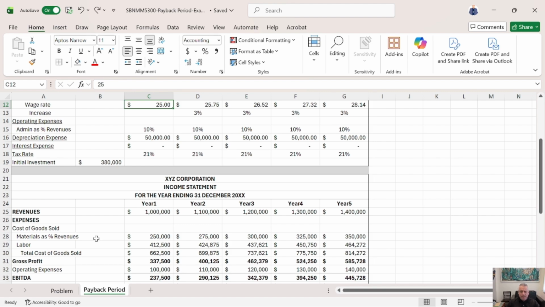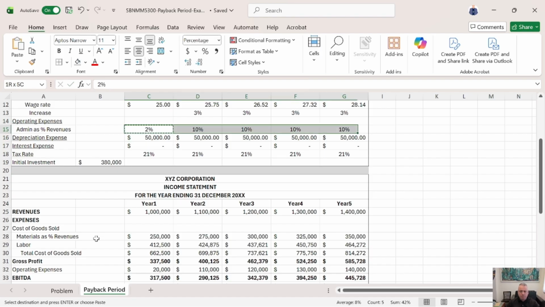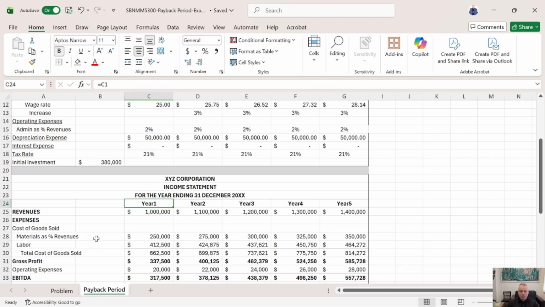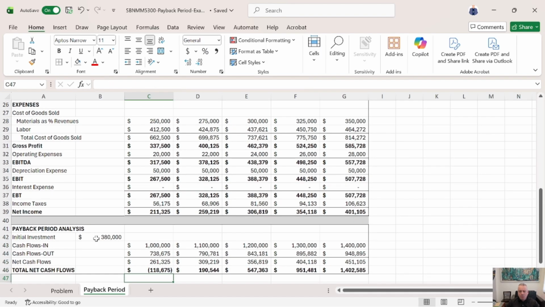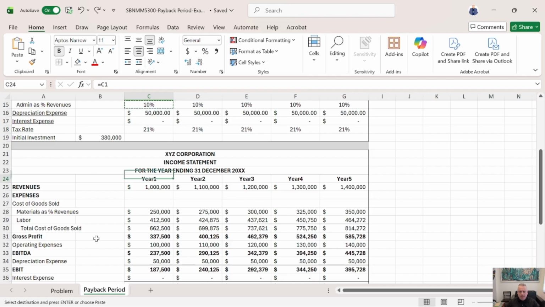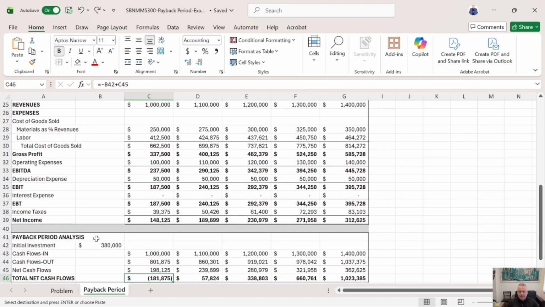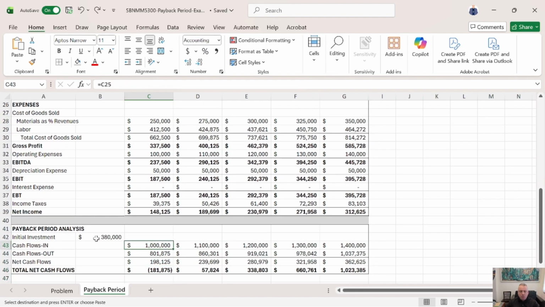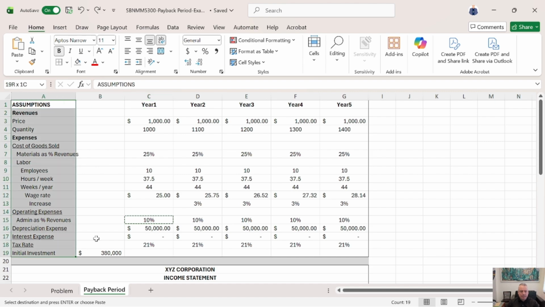Or what if, on the other hand, I was able to reduce administrative expenses down to 2% in any given year? What would that do? Well, it would allow me, by the second year, to have already $190,000. And in the first year, I've still lost money compared to the $380,000 initial investment. But what I'm trying to show you is the interconnected way in which we set up a series of assumptions.